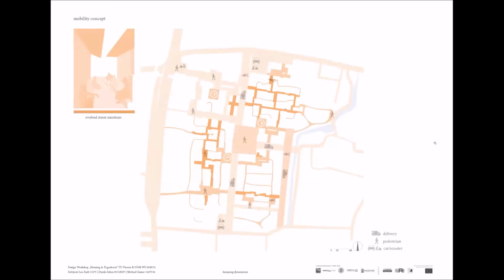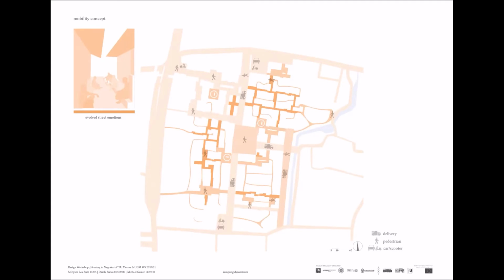This is our mobility concept. Here we show that we just want that people walk through our project site, and just for delivery cars can drive in, and only in the north and in the south there are two possibilities to park the cars and scooters.